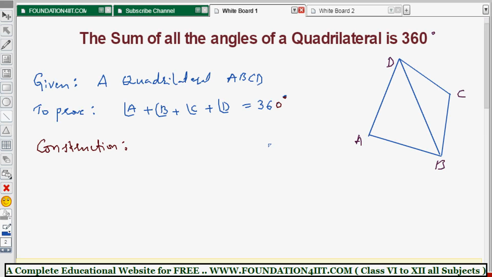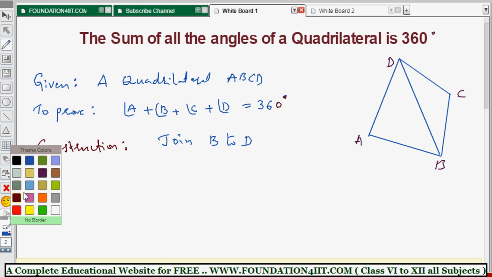We know the sum of the angles in a triangle is 180 degrees, so using that we will prove this. So construction is: join B to D. So that we did, joining.